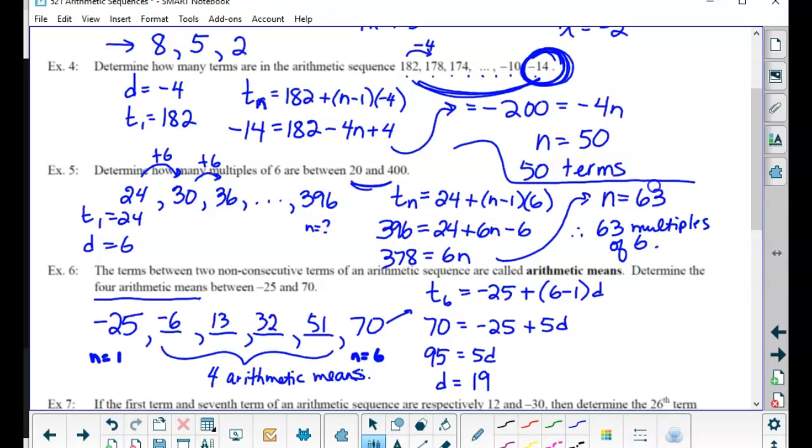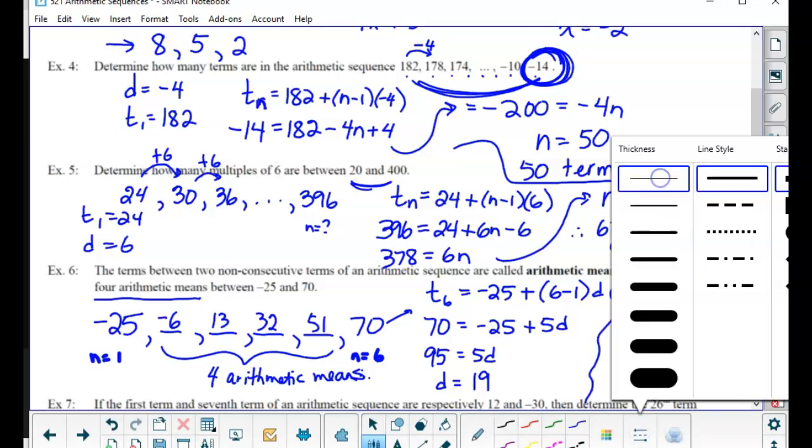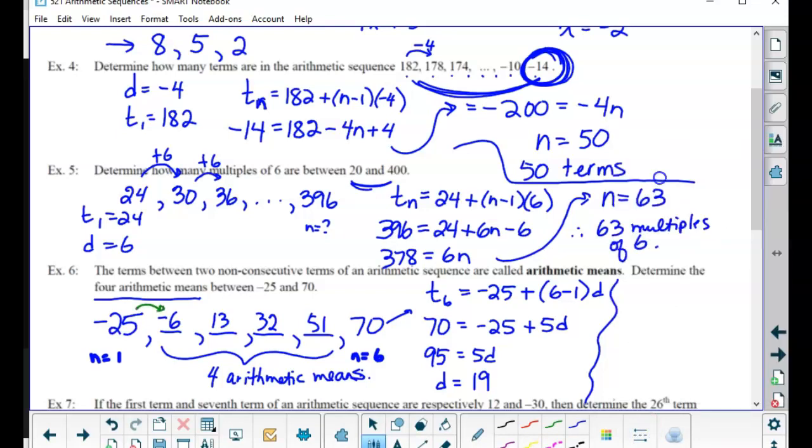Now, that's using the formula. What else could you do? I'm just going to use a different color here. What are we doing for those missing values? We're adding D, adding D, adding D. If we're trying to find 4 arithmetic means, we're really adding 5 common differences to the first term to get the last term.